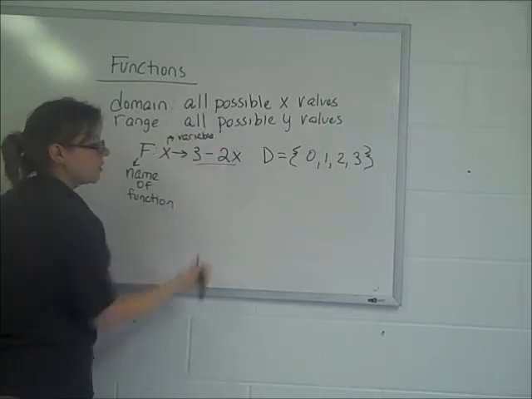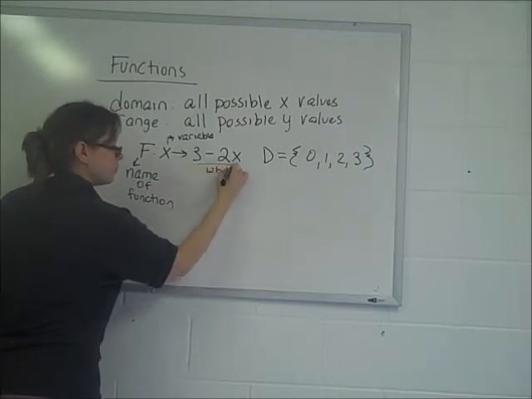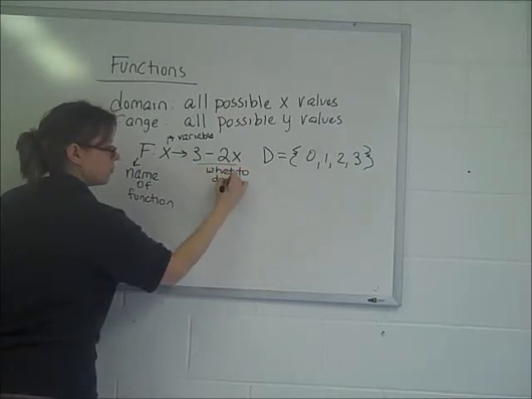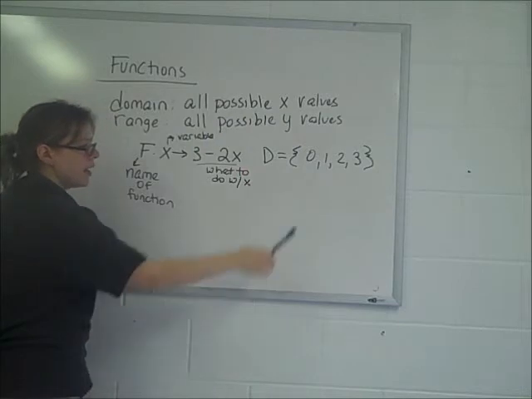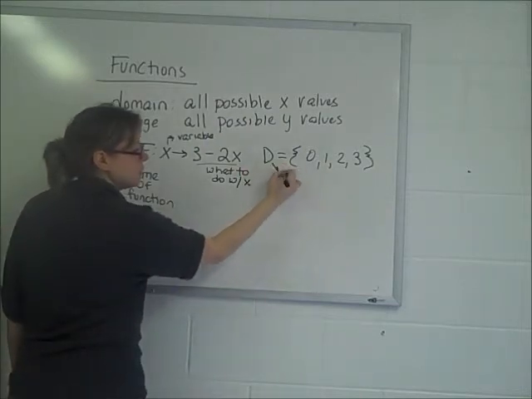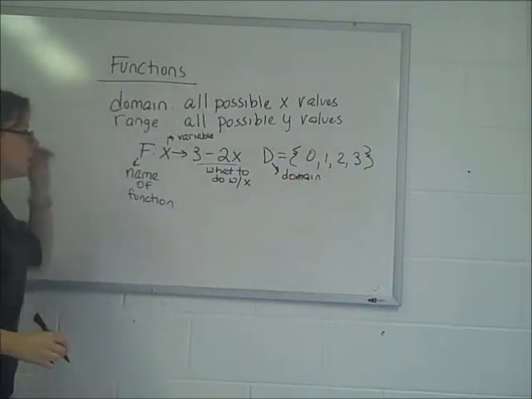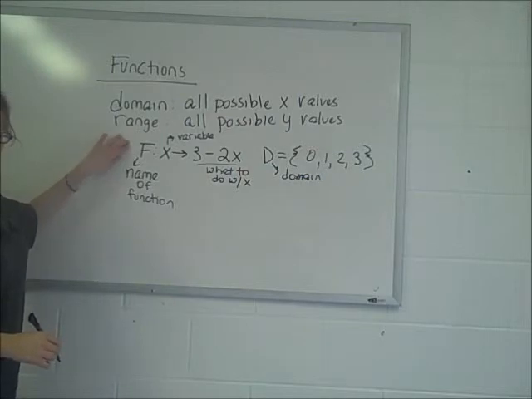This part right here is telling us what we're doing to the variable. And over here, it tells us what our possible x values are. So this is our domain.